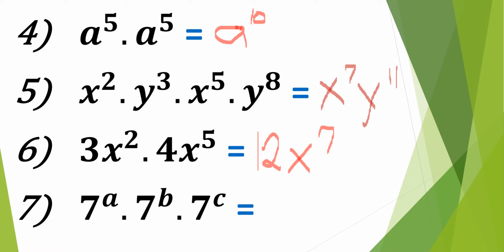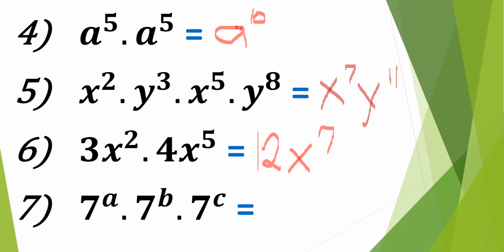For number 7, 7 raised to a times 7 raised to b times 7 raised to c. So, mapapansin ninyo, parehong number yung base nila, that is 7. But the exponents are a, b, and c. Okay, so just follow the general formula. Copy the common base. Kung ano yung base nilang tatlo, kopyahin yan.